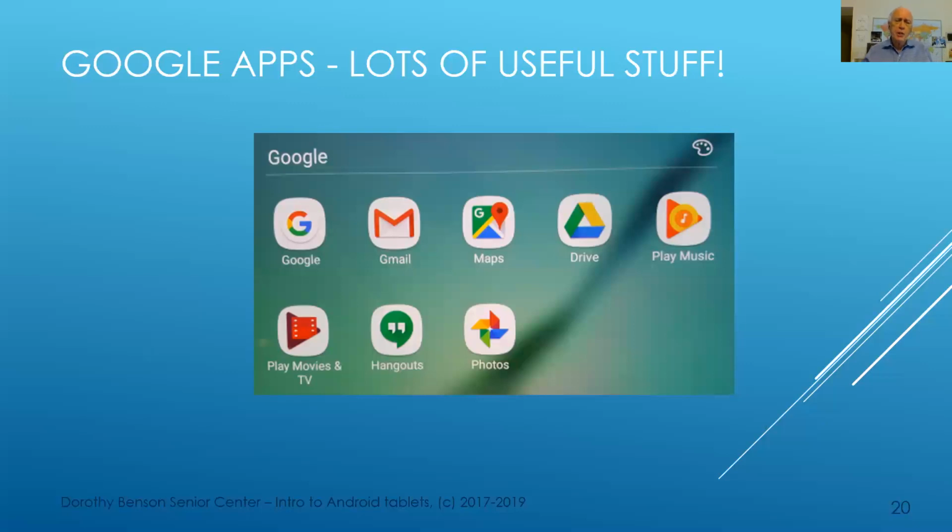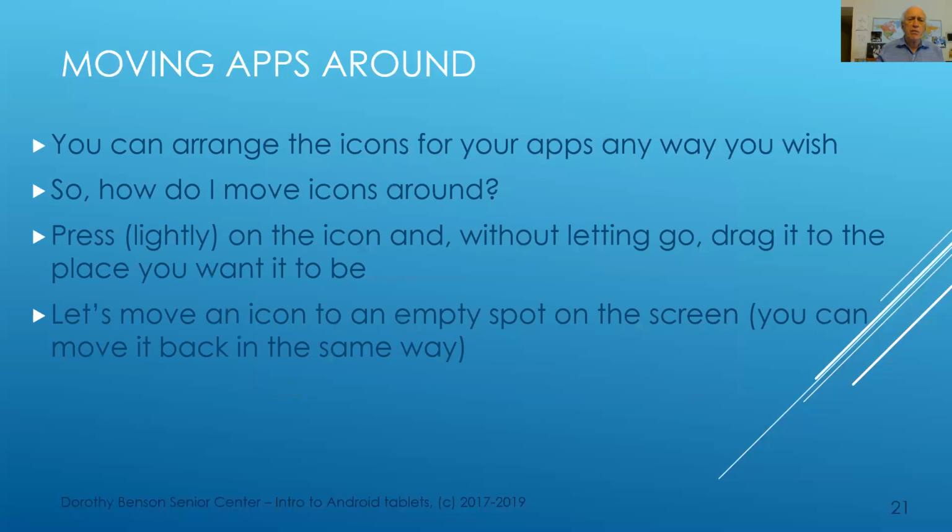The interesting thing is you can now use your phone or your tablet to make calls without using your minutes, your AT&T or Verizon minutes at all, entirely on the internet, for free. And that would be done through Hangouts. And then Photos allows you to see all of your photographs, arrange them, categorize them, and delete the ones you don't want, and so forth.